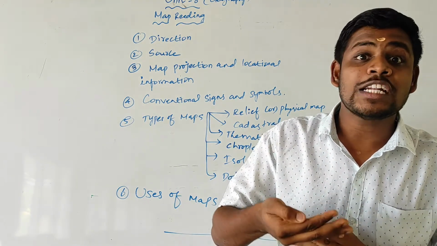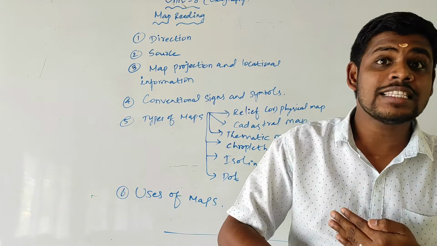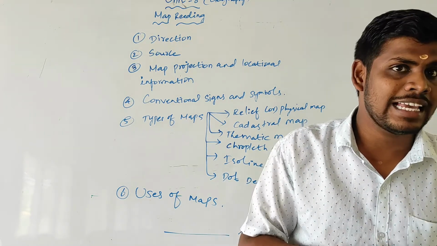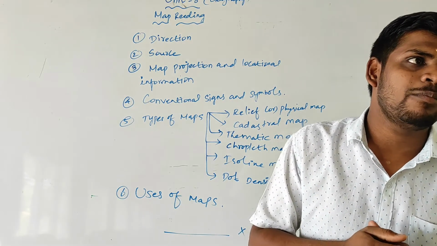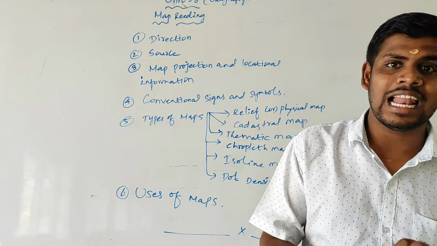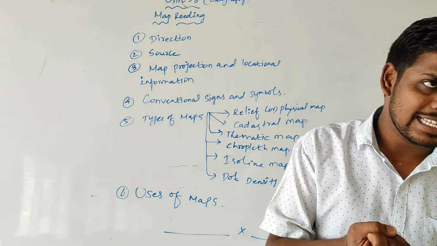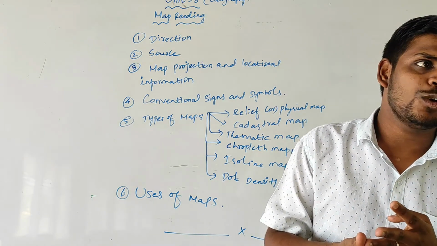The map that shows the physical features of an area is usually called a physical map. Another name for the physical map is relief map. The primary purpose is to understand landforms like deserts, rivers, mountains, plains, plateaus, etc.